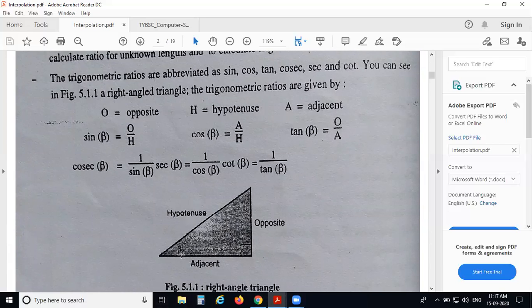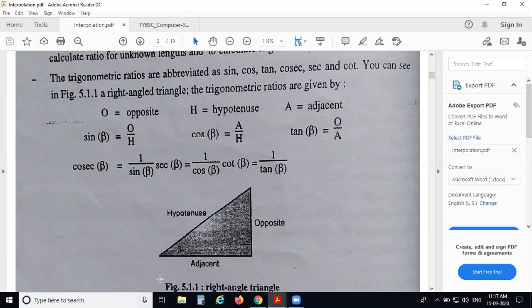The angle beta is calculated using sine beta equal to O divided by H, that is, opposite side divided by hypotenuse. Then cos beta is equal to A divided by H, that means adjacent side divided by hypotenuse.